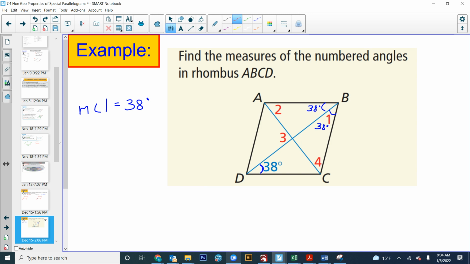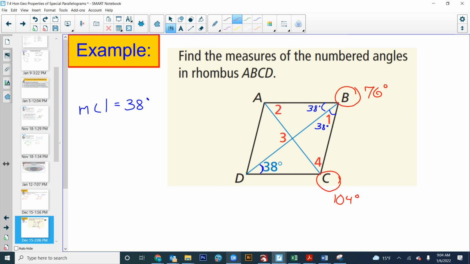How am I going to find big angle C? 180 minus big angle B, divided by 2. Yeah. What's big angle B? It takes 2 38s to make big angle B. 76. So what's big angle C? 180 minus 76. 104 degrees. You guys all agree? Consecutive angles are supplementary.